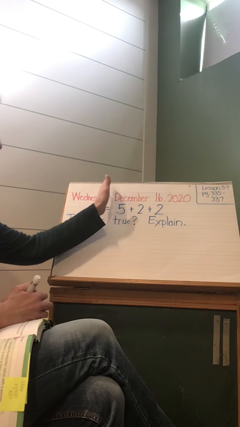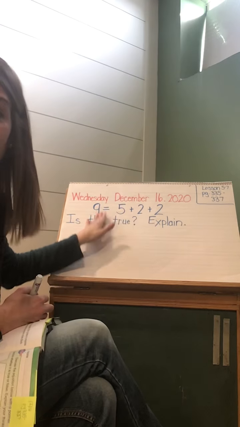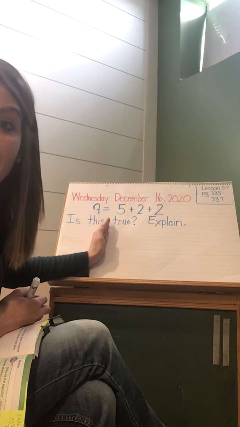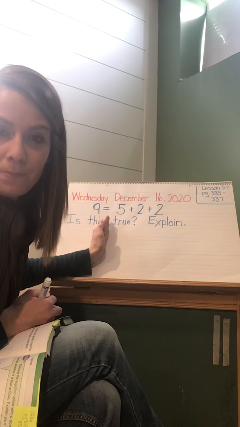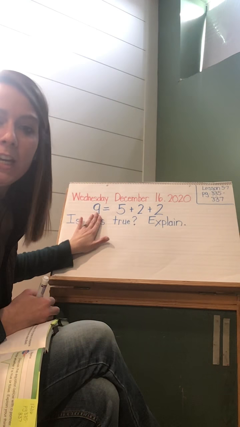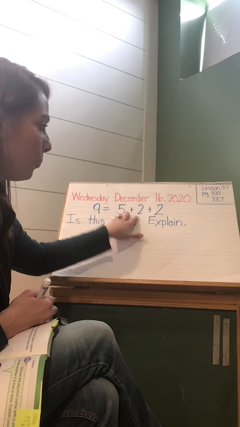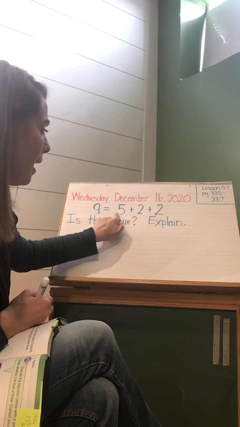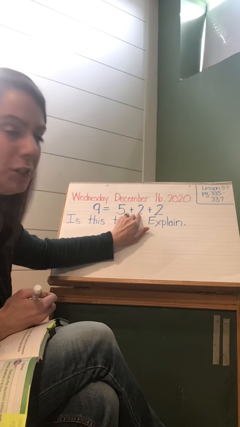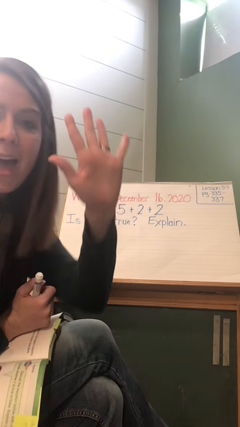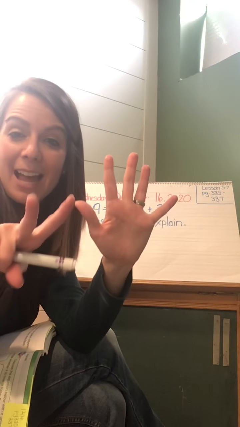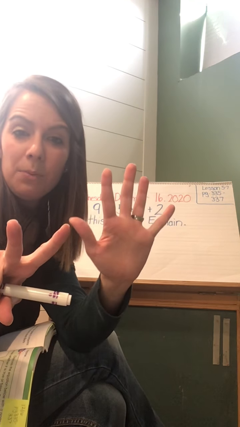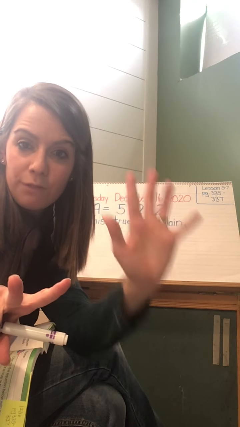So remember, when we have something like this on both sides of the equal sign, we can draw an invisible line right down here. I know 9 is over here. Let's just look with our eyes on this side, okay? So 5 plus 2. Let's start with that. If I have 5, and I add 2 more, how many do I have? Can you count with me? Count on from 5. Here's 5.